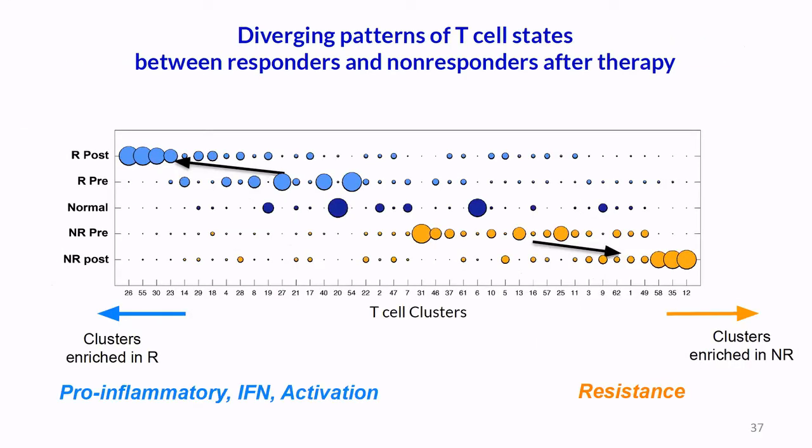Now, what happens after treatment? So we first see a diverging pattern of T cell states between responders and non-responders, meaning the distances between the clusters and the diverse phenotypes increases between the 2 clinical groups. And this increase and expansion in the responders is associated with pro-inflammation and interferon activation, and in non-responders, of course, is associated with resistance.